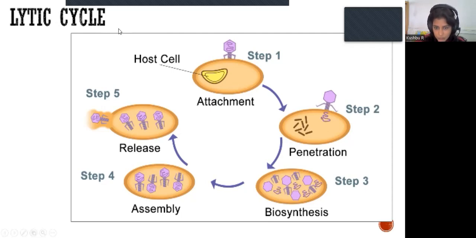So the bacteriophage attaches to the bacteria and injects the nucleic acid from the bacteriophage inside the bacteria, which enables it to replicate rapidly, and there is assembly of these subunits, and then there is lysis of this bacterial cell and a lot of progeny of the virus are liberated, which go and attack fresh healthy bacteria. This is the overview of the lytic cycle.